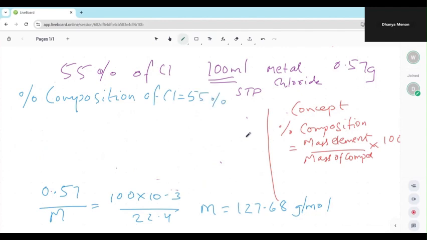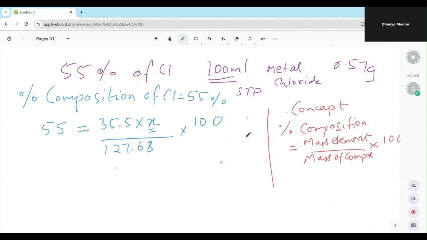So 55% equals mass of the element, which is the molar mass of chlorine, given in the question as 35.5. How many atoms are there? We don't know, so I multiply with x. x is the number of atoms. That's how we find the mass. By mass of the compound. Molar mass of the compound is 127.68, which we found out, times 100.